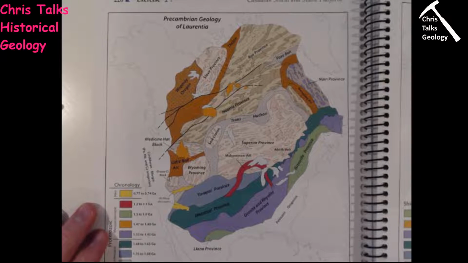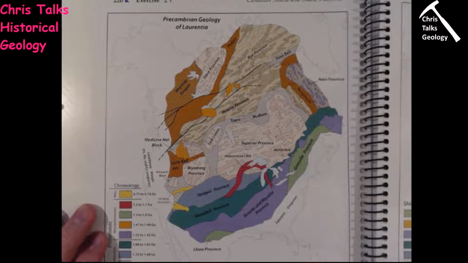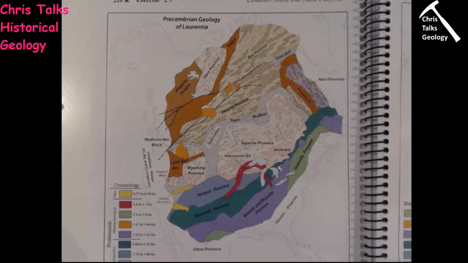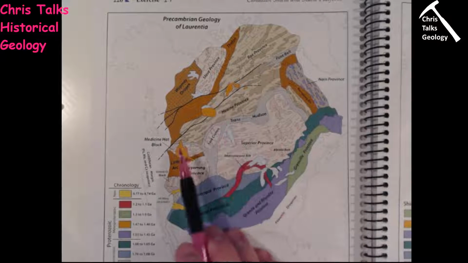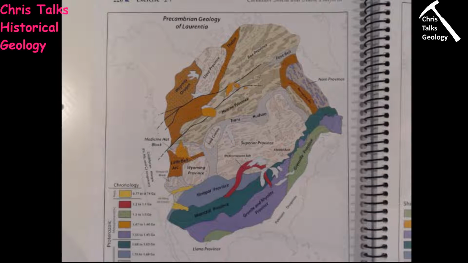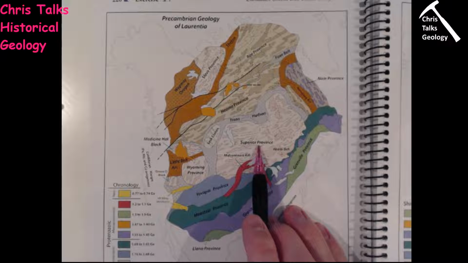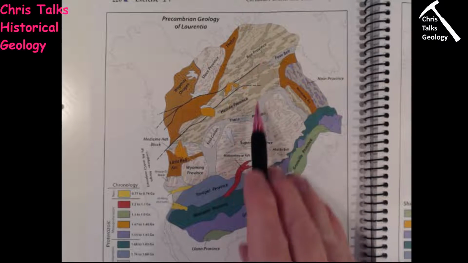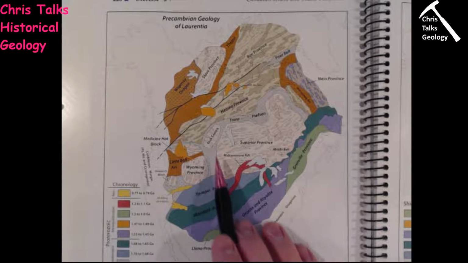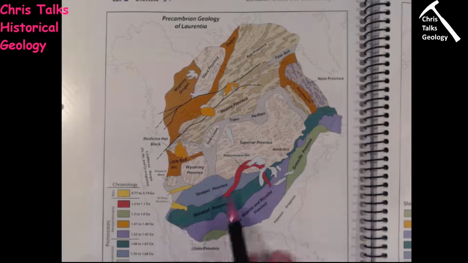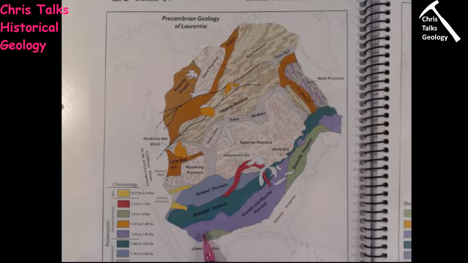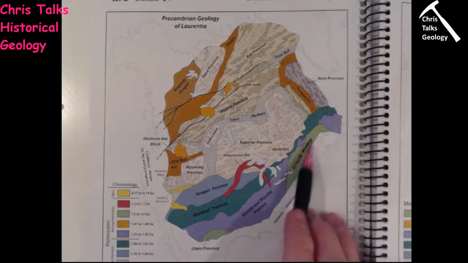So what can we see here? Well, if you've watched the lecture, and hopefully you have, you will see that these are the provinces that make up the Superior Province, or should I say the North American Superior Craton. We have the Superior Province here, the Hearn Province, the Rae Province, Slave Province, Wyoming Province, Sask Province, and then the Yavapai Province down here, Mazatzal-Labradorian Province here, Granite-Rhyolite Province down here, Grenville Province over here.